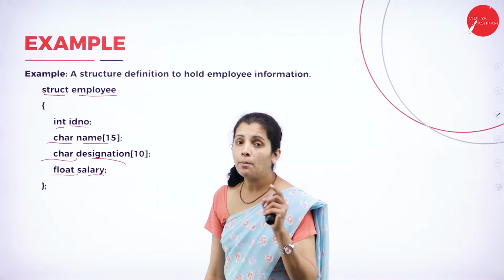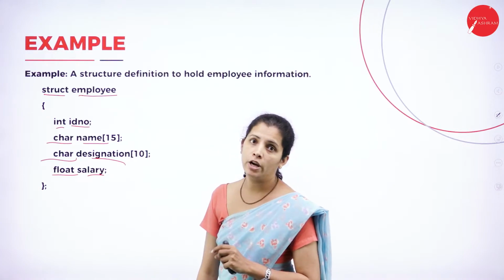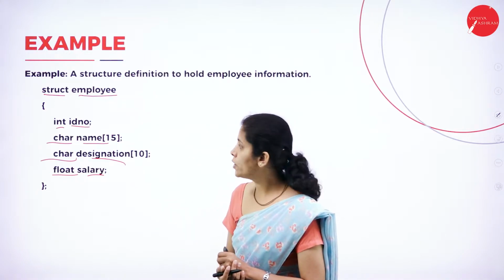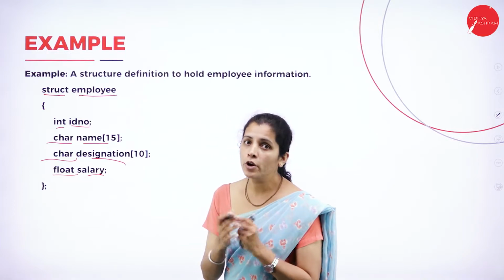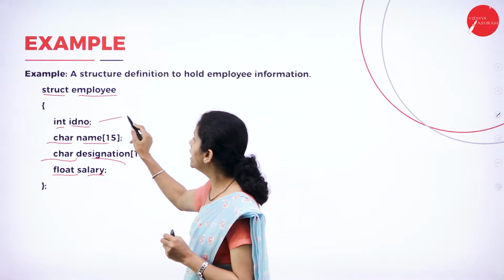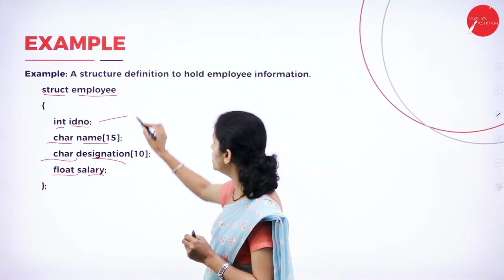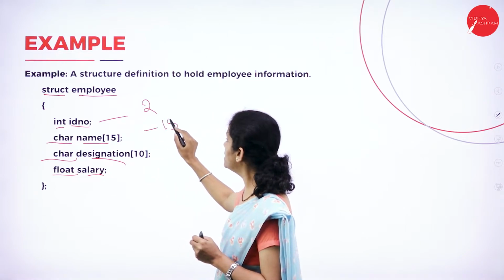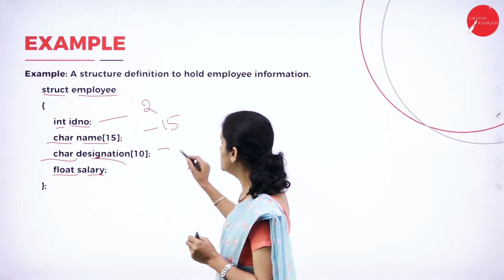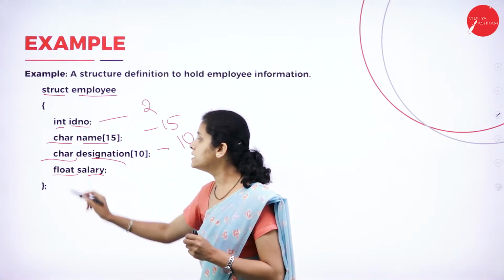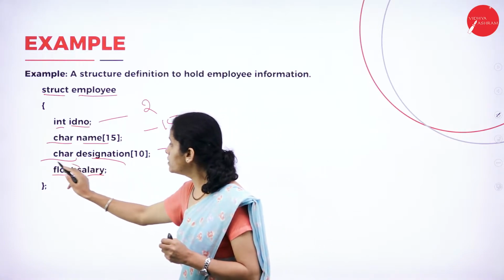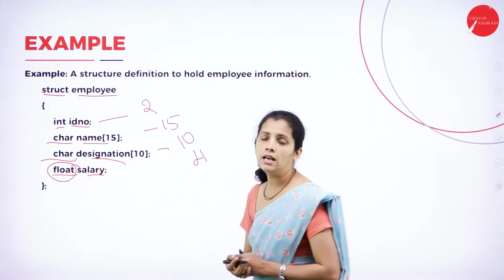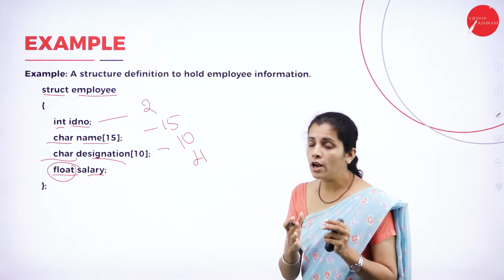Now the compiler is responsible for allocating the memory for this structure, employee. What is the memory allocation here? Integer can hold 2 bytes, and here it is character, so it is 15 bytes. Here it is character once again, 10 bytes, and here it is float. What is the size of the float here? That is 4 bytes. So 4. Now tell me what is the memory allocation?